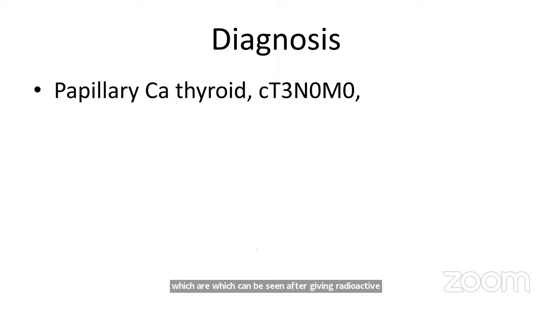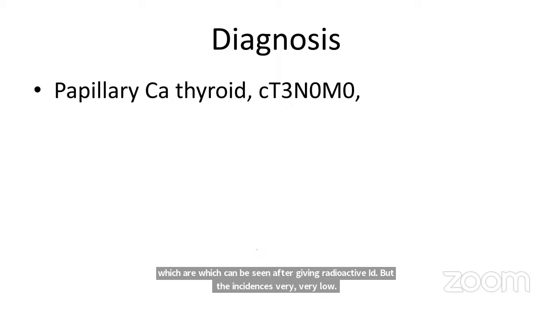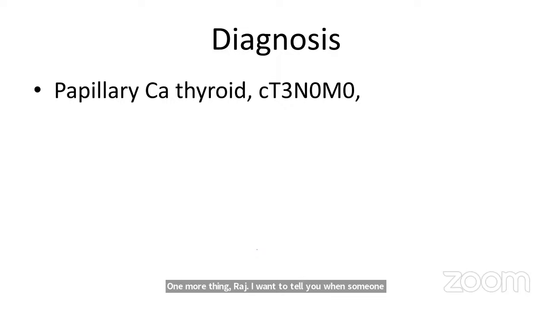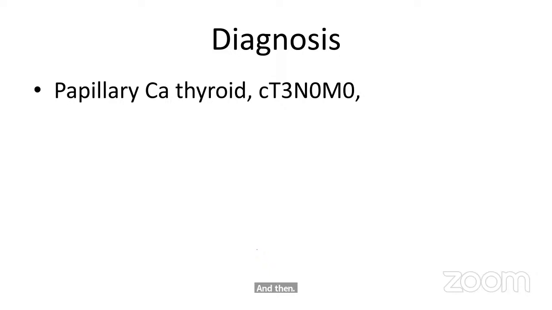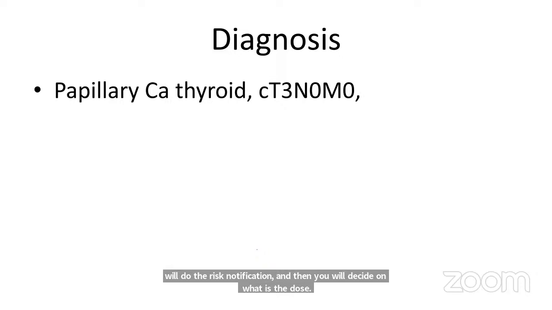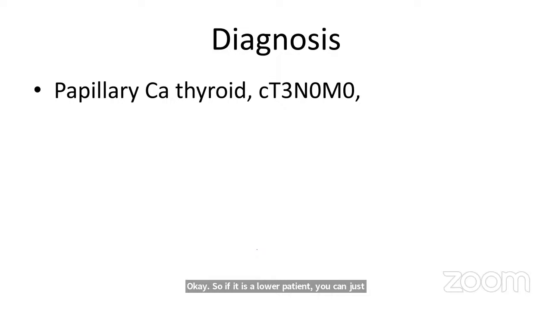One more thing, Rajesh, I wanted to tell you. When someone asks you how much radioactive iodine you will treat with, first you should say that after seeing the HPE and everything else, I will categorize the patient into low, intermediate and high risk. Risk stratification, and then you will decide on the dose. If it is a low-risk patient, you can just get away with not giving radioactive iodine.